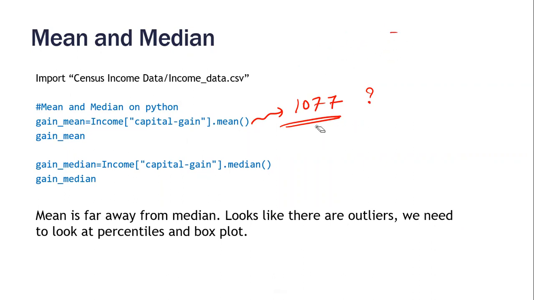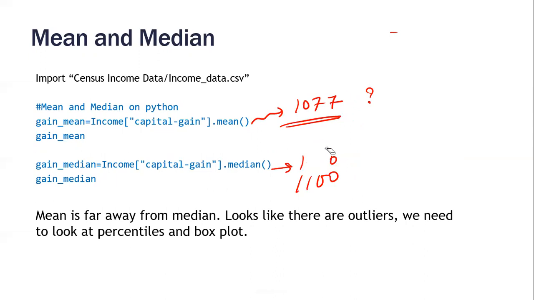When can I trust this? I can calculate the mean value, and I can calculate the median. If the median value is somewhere around 1000, 1100 or 1200, near that, then I would say this is the center.